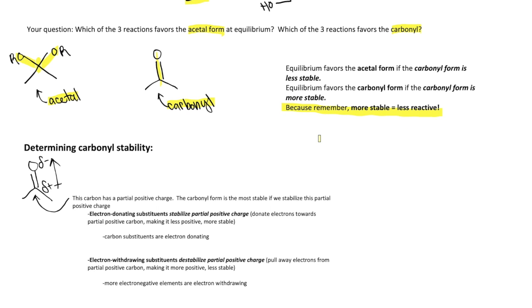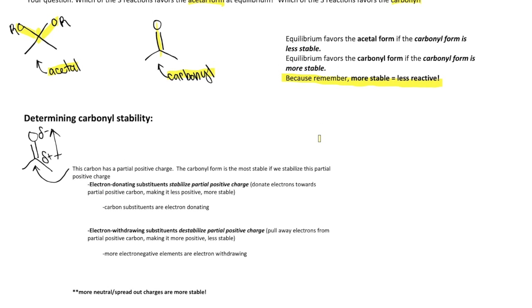When we're determining carbonyl stability, what you have to keep in mind is that our carbonyl carbon is attached to an electronegative oxygen. If we're looking at the dipole of this bond, oxygen has a partial negative charge because it's more electronegative, and this carbonyl carbon has a partial positive charge. So we want to stabilize this partial positive charge.